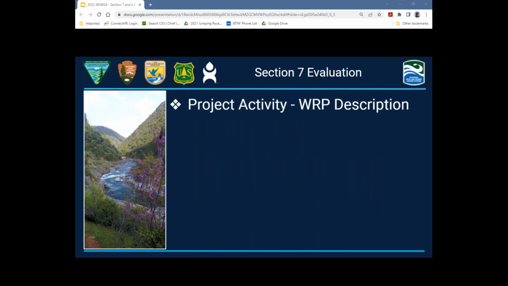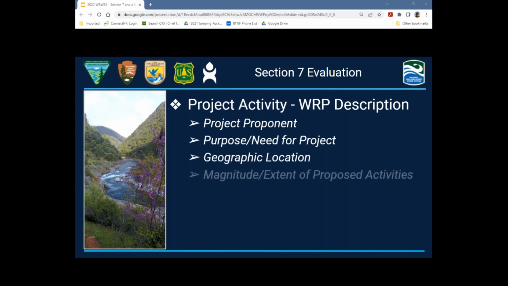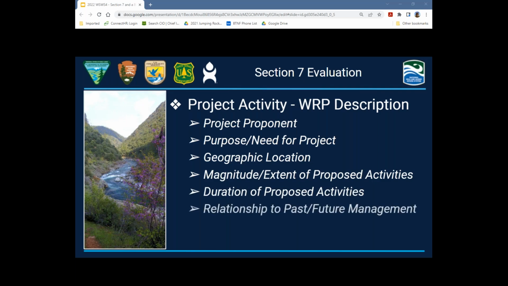Next, describe the proposed project activity. Use enough detail to identify the project proponent, the purpose and need for the project, the geographic location, and the magnitude and extent of the activities. You should also describe the timing and duration of the project and its relationship to past and future management actions.